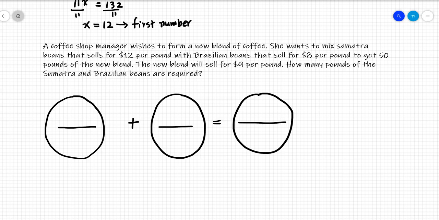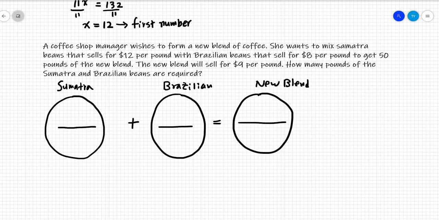So if you look at the Sumatra, and this is going to be a Brazilian, and this is going to be a new brand. Okay.